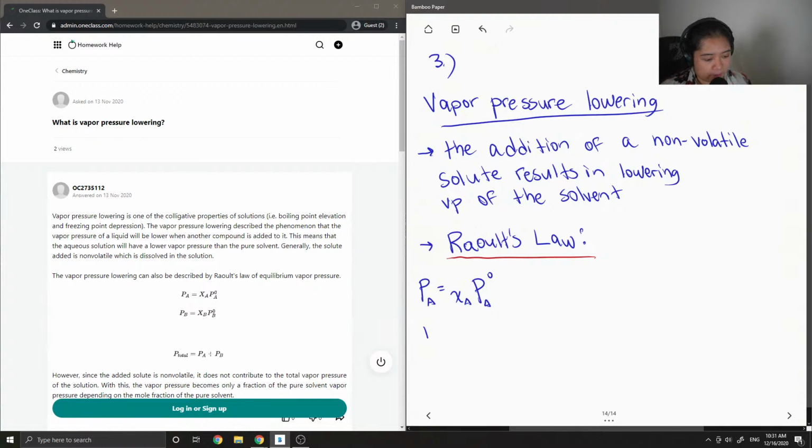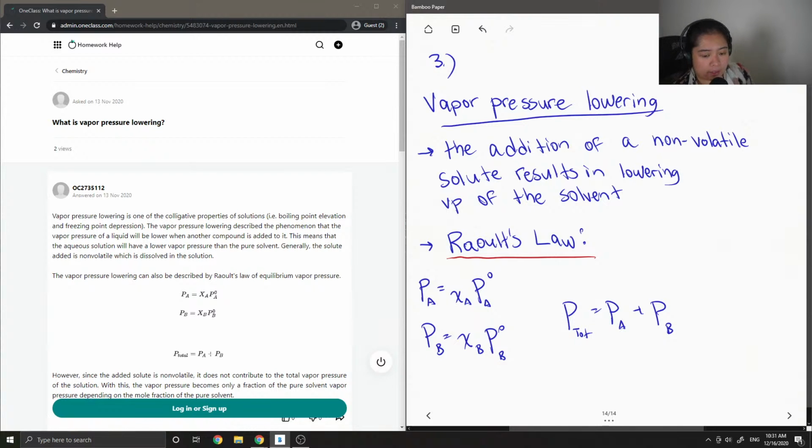Similarly, the pressure of B is equal to the mole fraction of B times the standard pressure of B, and the total pressure of this system would be PA plus PB.